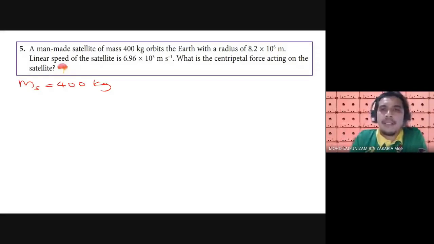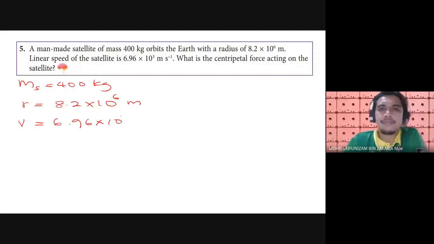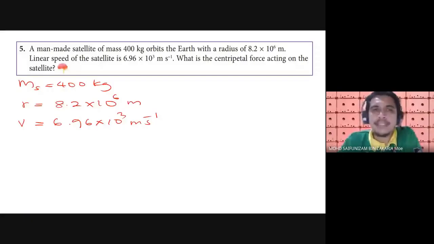Orbiting the Earth with radius R equal to 8.2 times 10 to the power of 6 meter. Linear speed of the satellite, V equal to 6.96 times 10 to the power of 3 meter second to the power of -1.